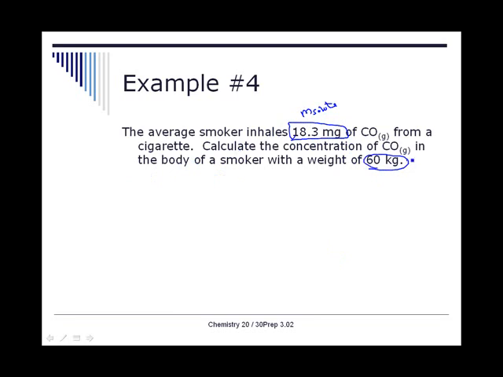60 kilograms. Since this is the whole person, this is including the weight of the carbon monoxide, so this is actually going to be the mass of solution. Even if you added that 18.3 milligrams to your 60 kilograms, in terms of sig digs, it doesn't make a difference. 60 kilograms is 60,000 grams. 18.3 milligrams is 0.0183 grams.